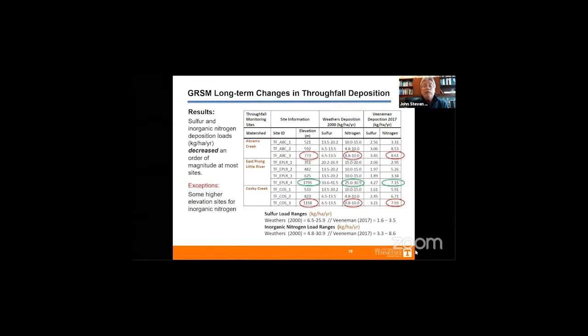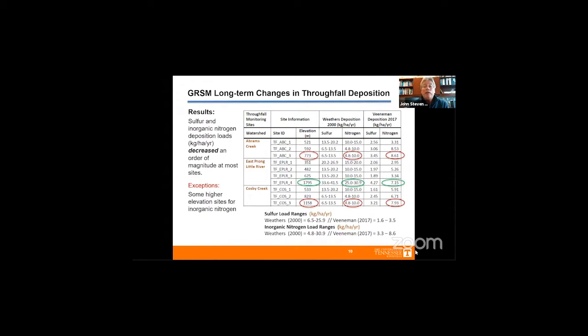So actually, just looking at the results, basically we saw a decrease, as you would expect, in sulfur and inorganic nitrogen loadings in the order of magnitude. Except there were a few high elevation sites where we didn't see quite that drop in inorganic nitrogen.